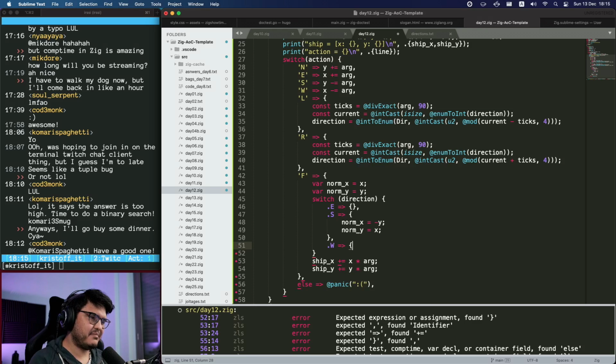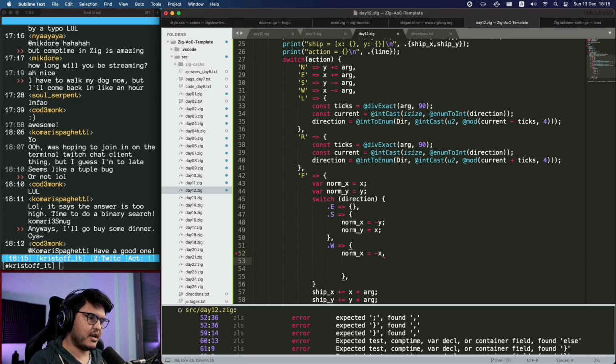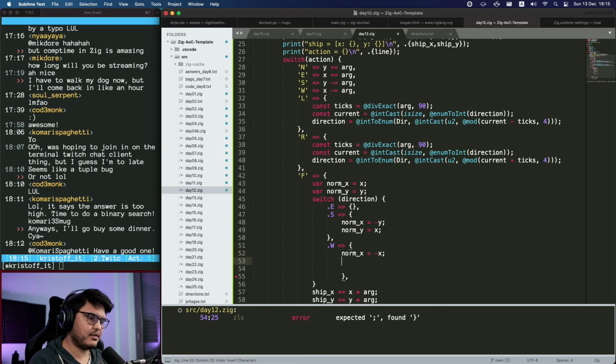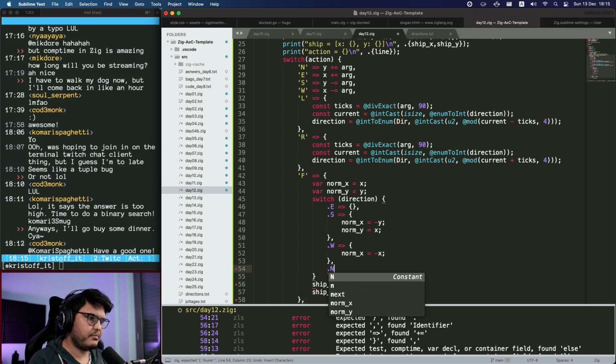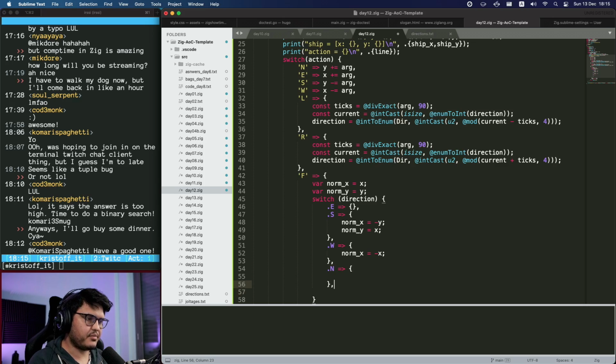West means that the vector is actually pointing left, which means that what I saved in the x slot has to be negated, while what I saved in the y slot is unchanged. And then we have north. And north is, of course, similar to south, except the opposite.